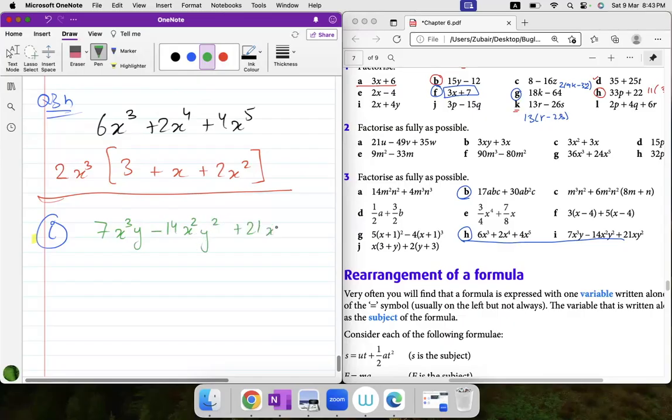Yeah, so 2x cubed and in brackets 3 plus x plus 2x squared. Squared. Correct. Now the J part.